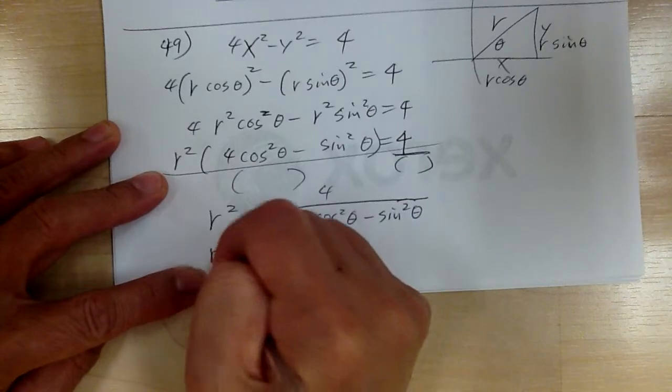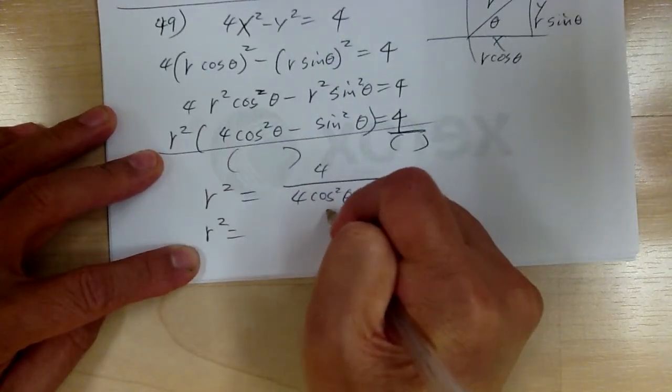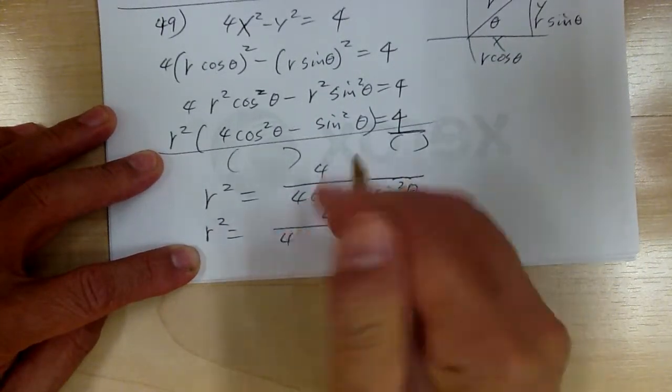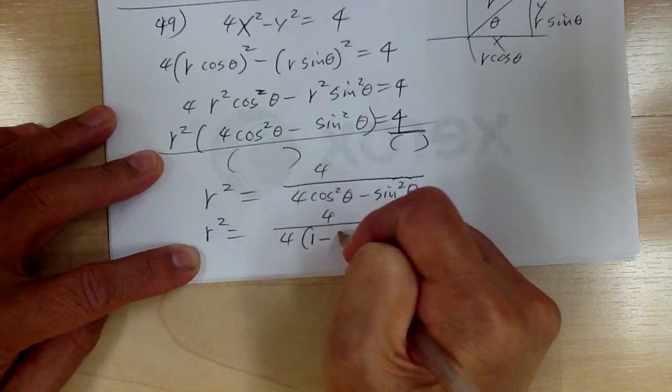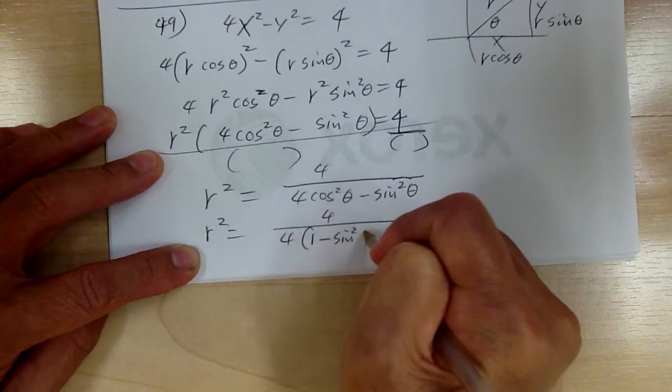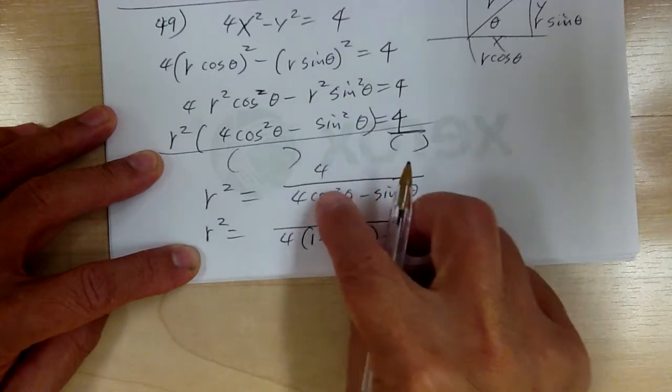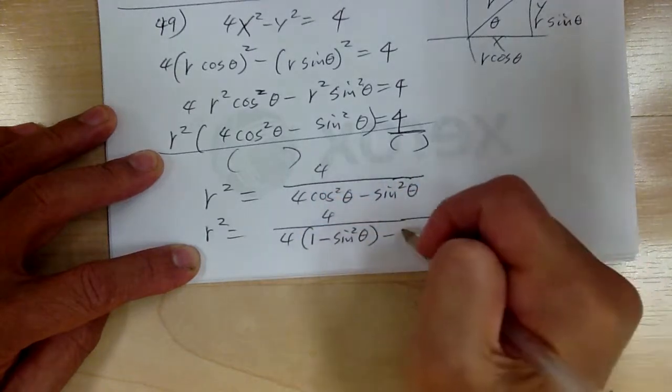Cosine squared is 1 minus sine squared theta, so change the cosine squared into 1 minus sine squared.